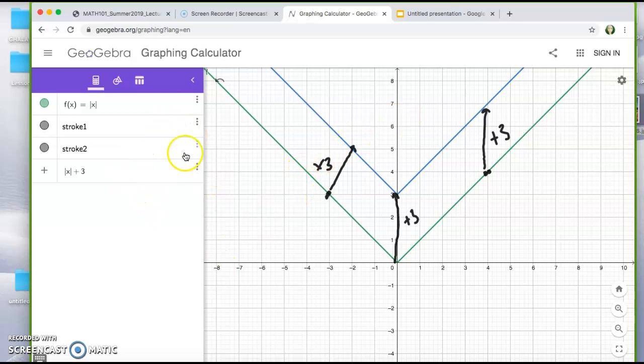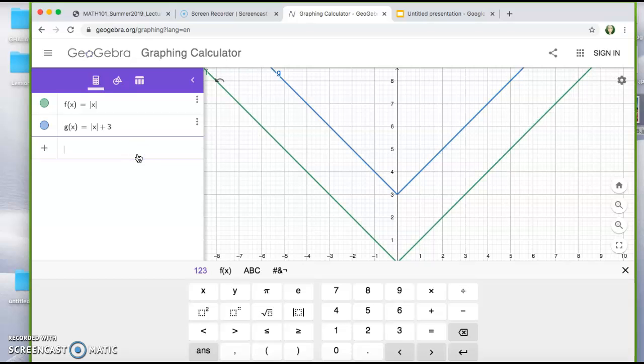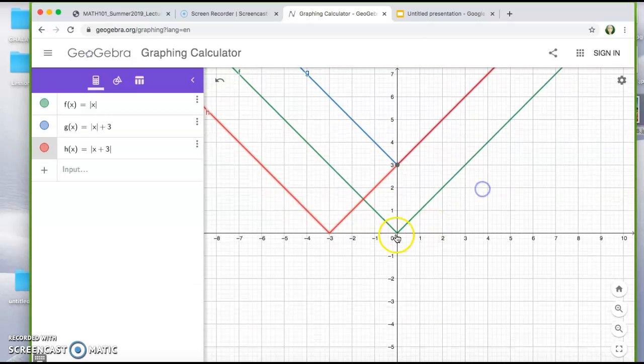Now let's take a look and see what happens when we add 3 on the inside. Remember, the green graph represents my original graph of the absolute value of x.